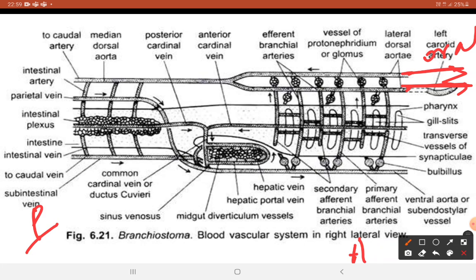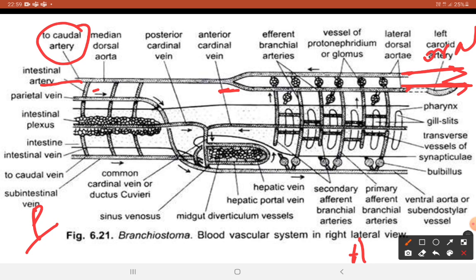Now these two lateral aortae unite just behind the pharynx, forming the median dorsal aorta, which runs posteriorly between the notochord and intestine, and it enters the tail region as the caudal artery. So this runs backward as the caudal artery. Now the blood flows backwards in the dorsal aorta.